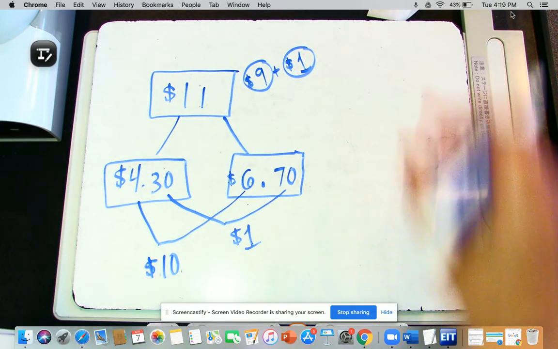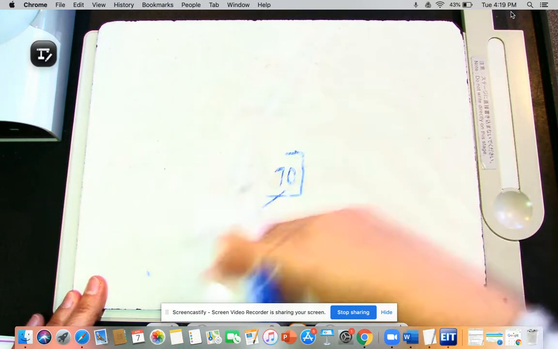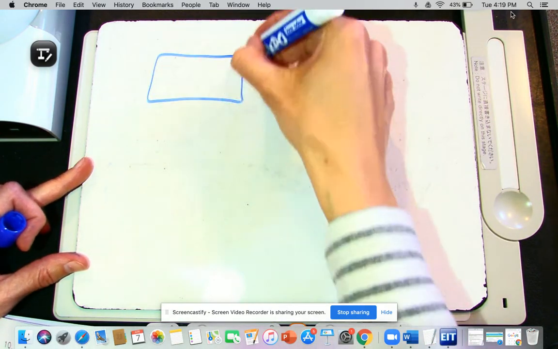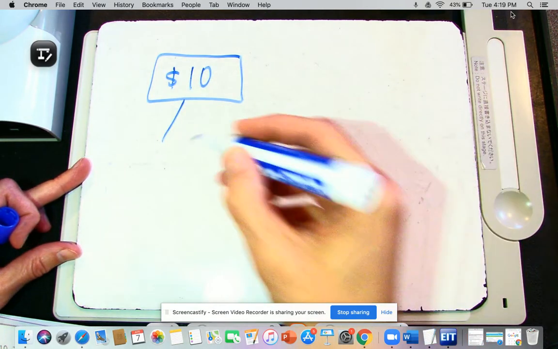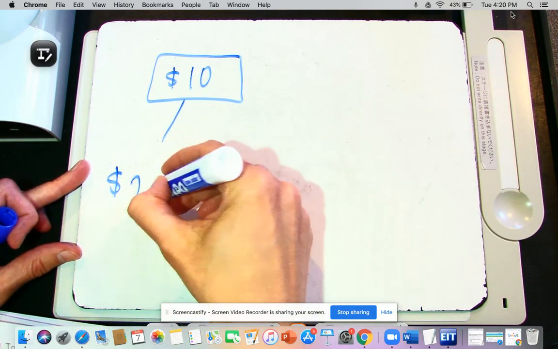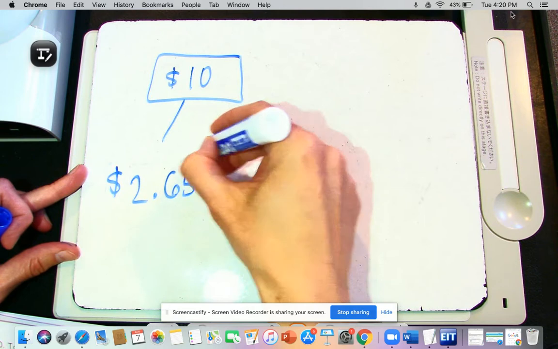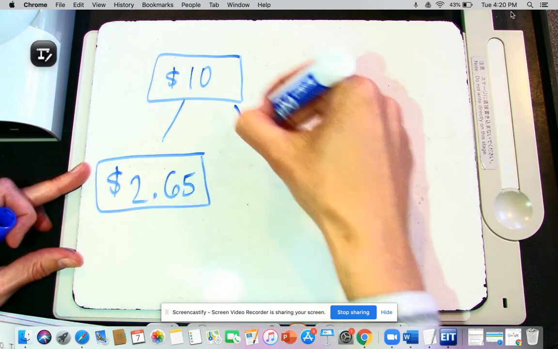All right, let's try one more with this strategy where we have $10. So in our book, there is one. Let me write down this one from our textbook. It has $10, and then it has $2.65 on one side.